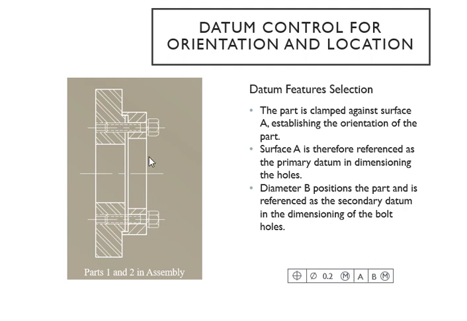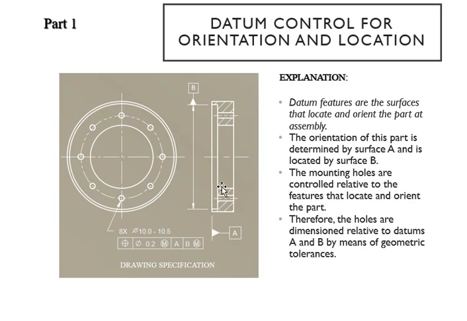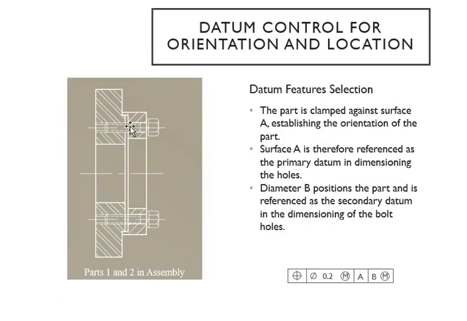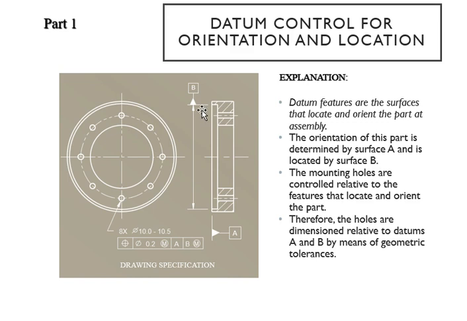The holes are right there, and your surface A is going to be right here, which is, go back so you can see, the vertical one. So you know that that surface is going to come right in between this. And that's your primary, and the secondary is 90 degree to that. It's got to be 90 degree, otherwise it's not going to fit to each other. So your diameter B, it is a diameter. The surface datum is also B. Your diameter is also B. From here to here is the diameter of that circle right there.